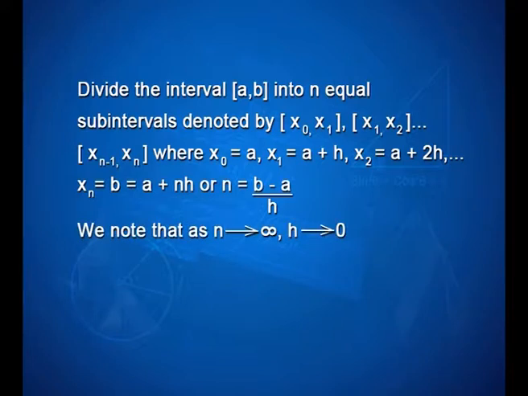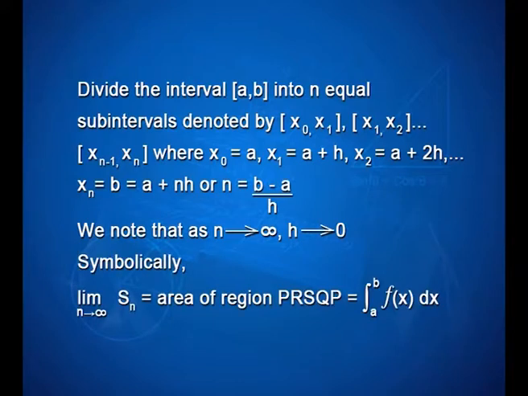We note that as n tends to infinity, h tends to 0. Symbolically, limit n tends to infinity Sn is equal to the area of region PRSQP, that is equal to integral a to b f of x dx.